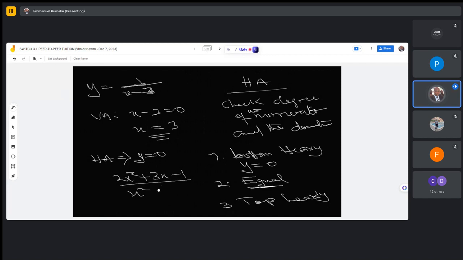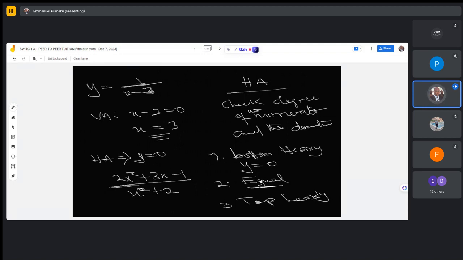Over, let's say, x squared plus 2. So in this scenario, when you say the degree of any polynomial function, we are talking about the highest power of x. That's the degree of the polynomial function. So the degree of the top is 2, because that's the highest power of x at the top. And the degree of the down is also 2.